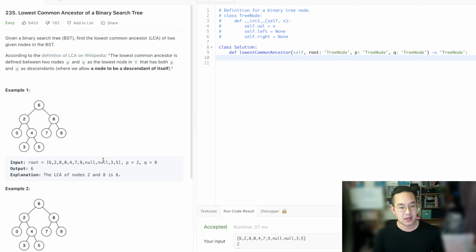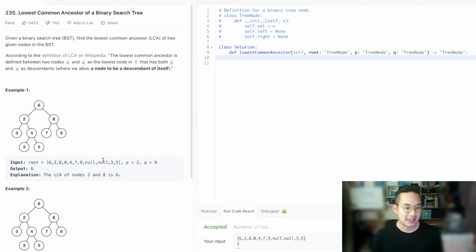So to get the lowest common ancestor, we are going to look for the point at which the item is split between P and Q, is both greater and less than the current item or equal to.